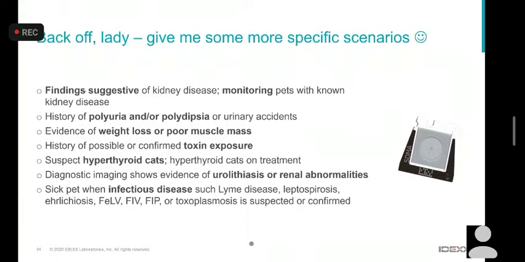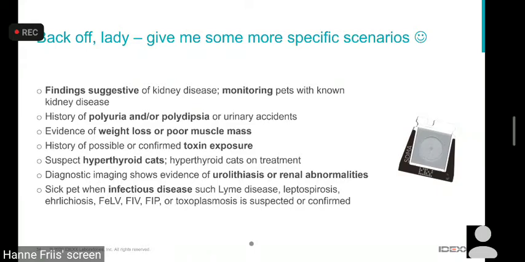Well, if you have some clinical findings suggestive of kidney disease, and I'm not talking about really late, but let's say you have weight loss, decreased appetite, maybe a history of polyuria, polydipsia, maybe a history of toxin exposure, or you have a cat that keeps coming back with uroliths or even renal abnormalities, or a dog where it's detected by ultrasound that it has one or two abnormal kidneys.